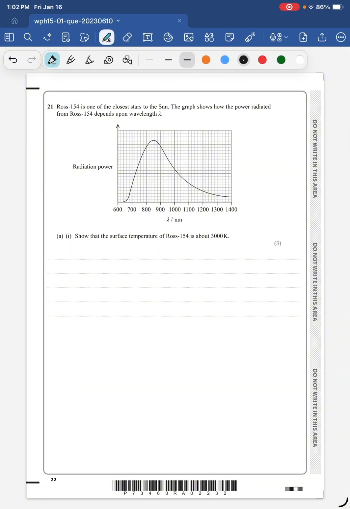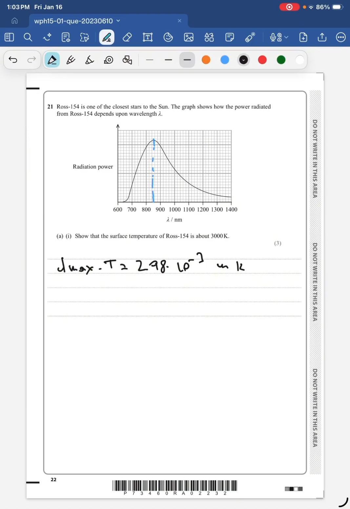The peak lambda times the temperature is 2.98 times 10 to the negative 3 meters Kelvin, and the peak lambda means the wavelength at which the radiation power is maximum. So this thing over here. And if you go read it, that's about 880 nanometers.